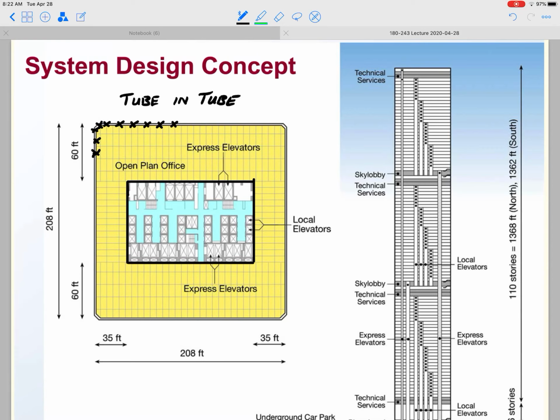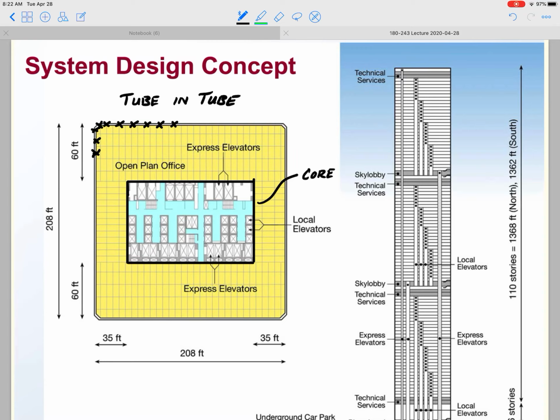There was an inner tube that housed the elevators and all of the mechanical systems, and this is known as the core. That's what they may refer to as the concrete core, basically a rectangular core that was composed of shear walls.